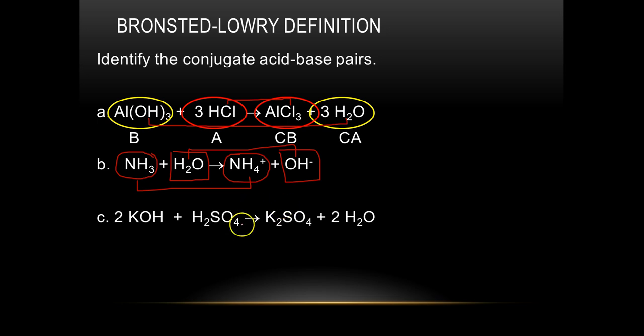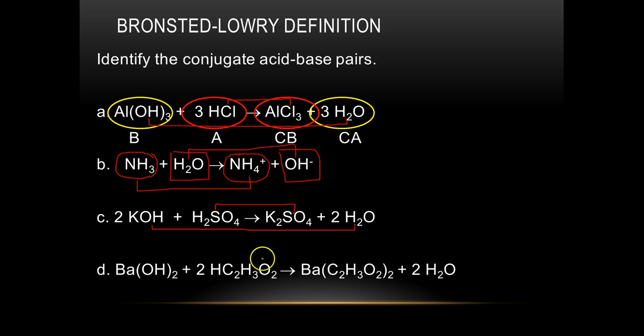Taking a look at this one, same thing. I see hydroxide here, and I'm looking at the products, and there's water. So these two are a pair. This is a base, and its conjugate acid. So this is sulfuric acid, and notice over here, those hydrogens are gone. It became potassium sulfate. So this is our acid, and this is the conjugate base.